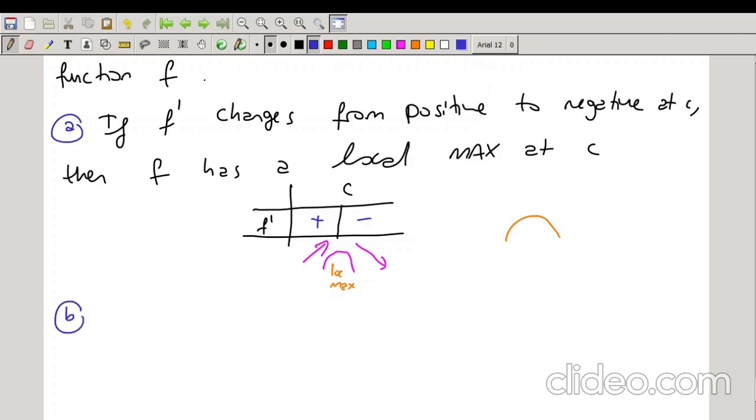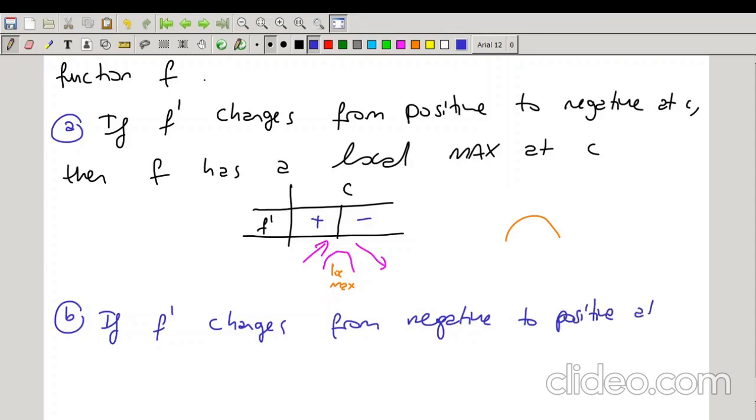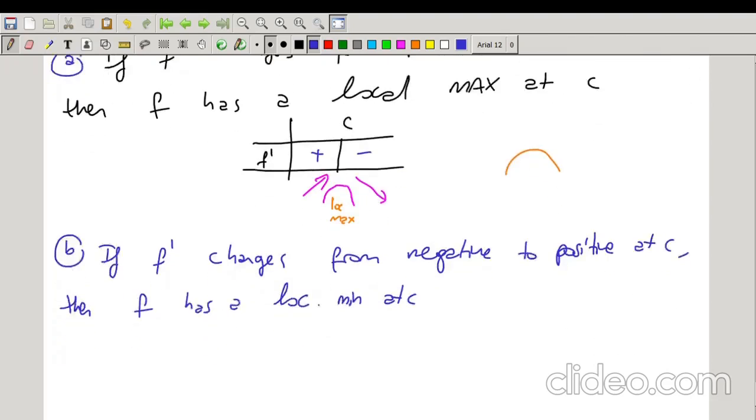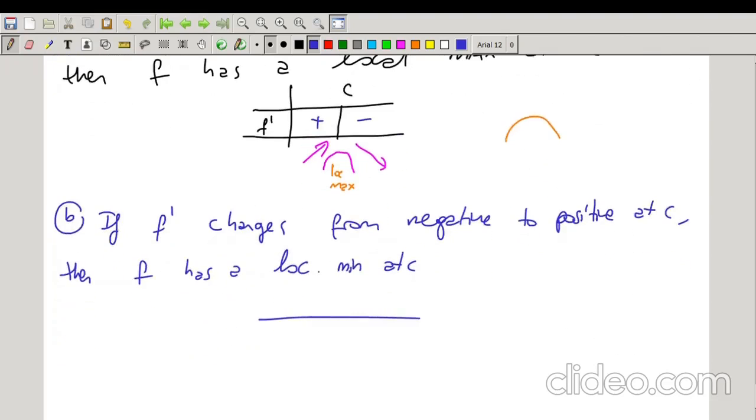B, if f prime changes from negative, now we have the reverse case, negative to positive, at c, then f has a local minimum at c. And this is also obvious. Just again, if you draw a table, this is my f prime, this is point c.